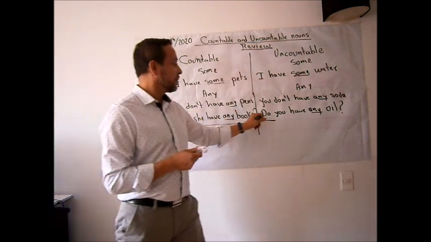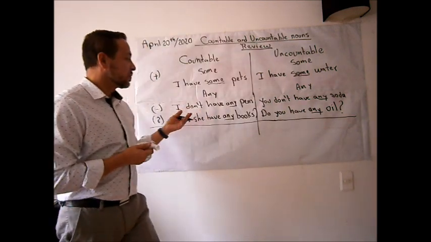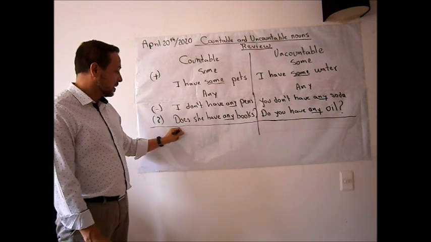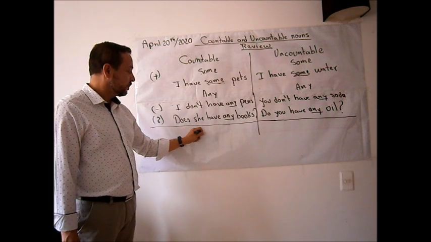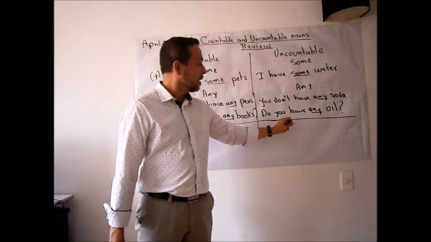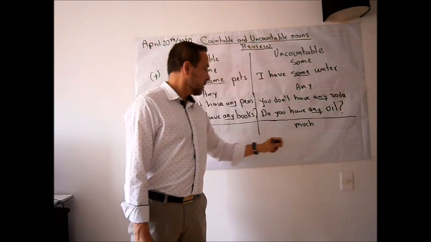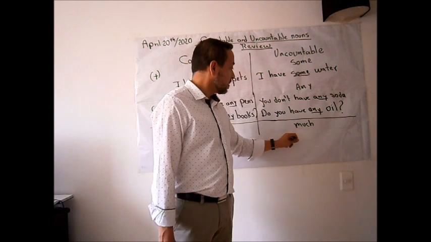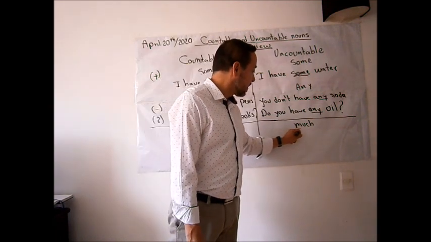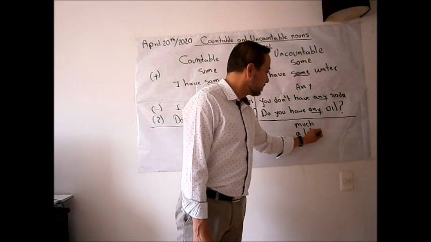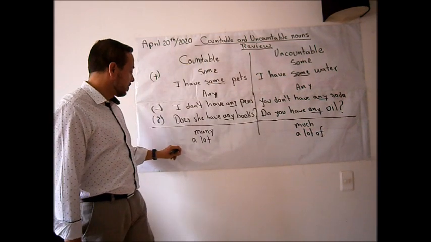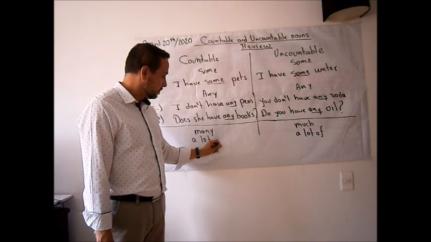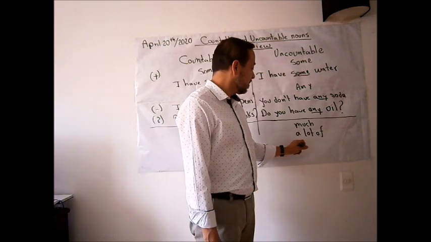There are some special words to use with countable and uncountable nouns. Remember that the words are, in countable, many, in uncountable, much, in countable, a lot, in uncountable, a lot too, or a lot of, in countable, a few, and in uncountable, a little.